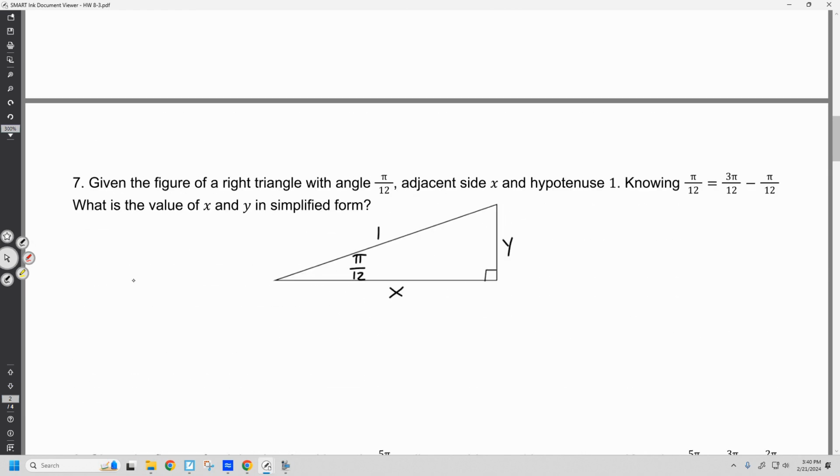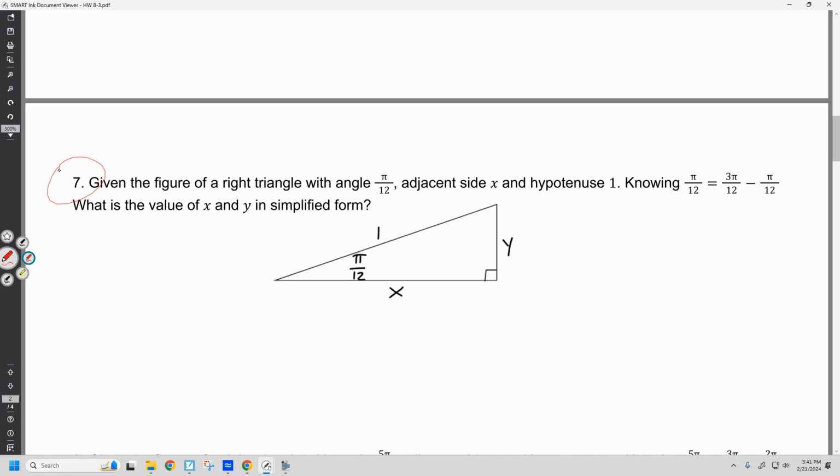Actually, let's go to number 7 for me, please. Yeah, everybody forgets the cosine of 2 pi over 3 is negative a half. Okay.